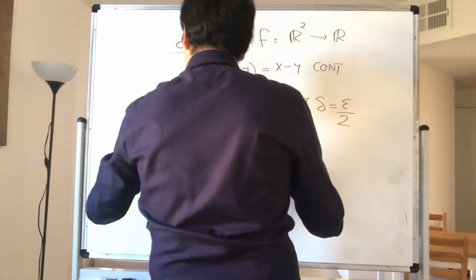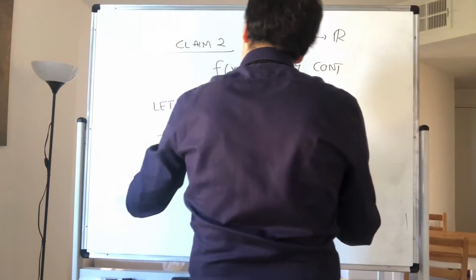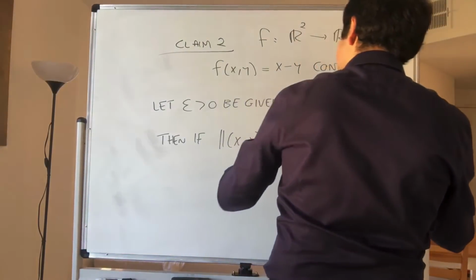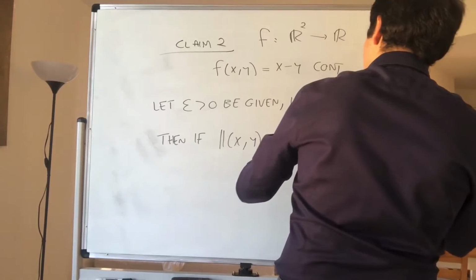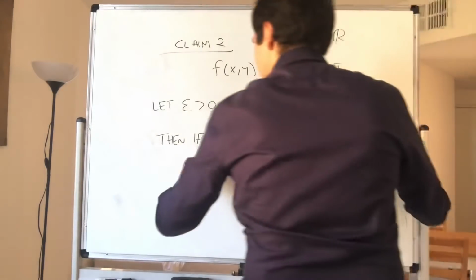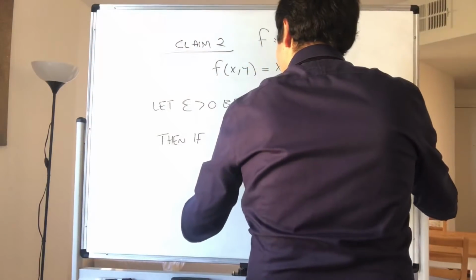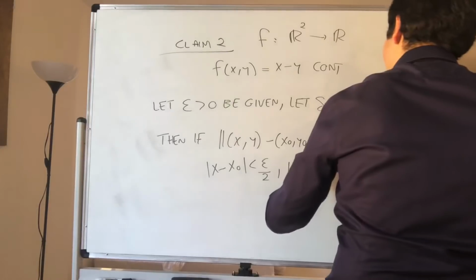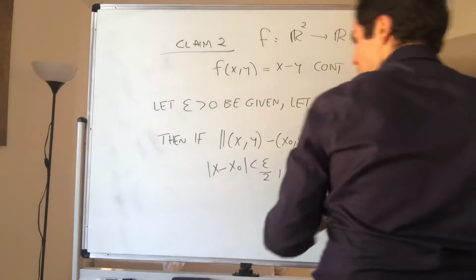Then if, again, the length of (x, y) minus (x₀, y₀) is less than delta, which is epsilon over 2, then by the same spiel, |x − x₀| is less than epsilon over 2, and |y − y₀| is less than epsilon over 2.